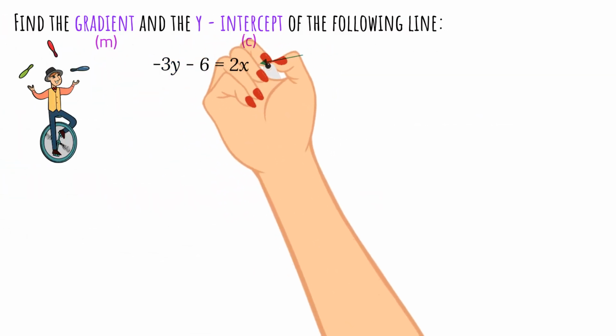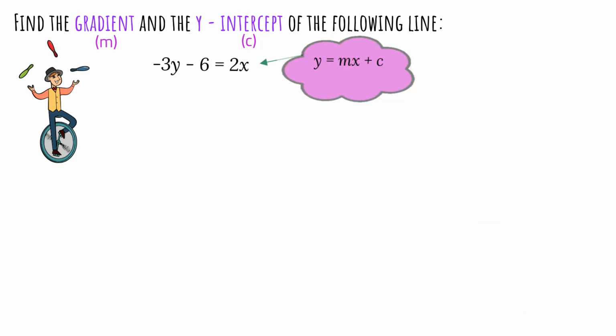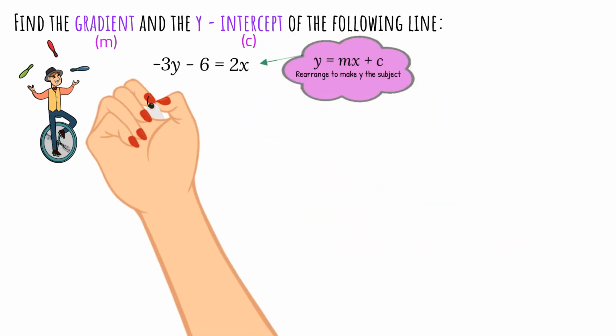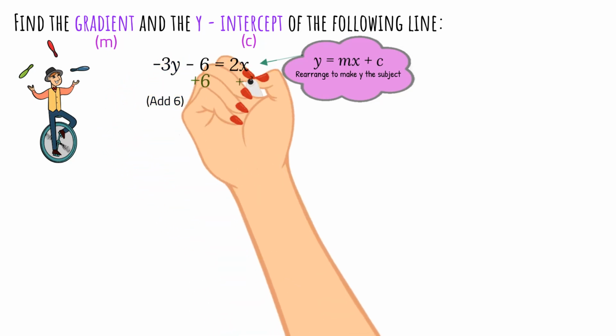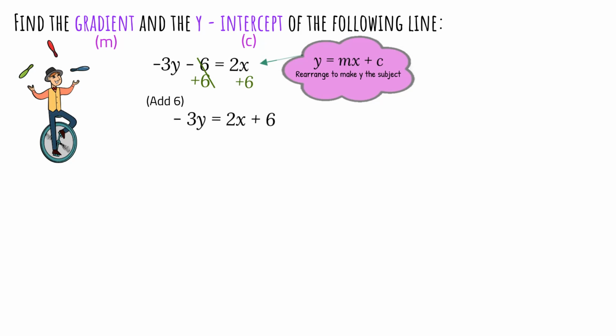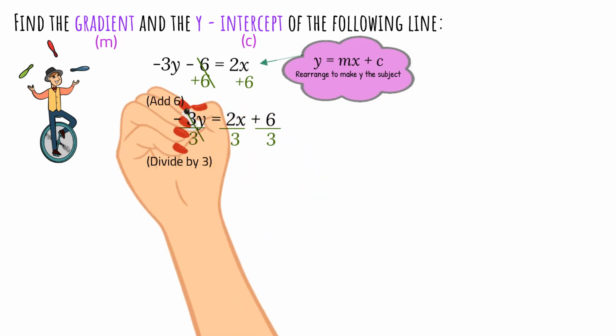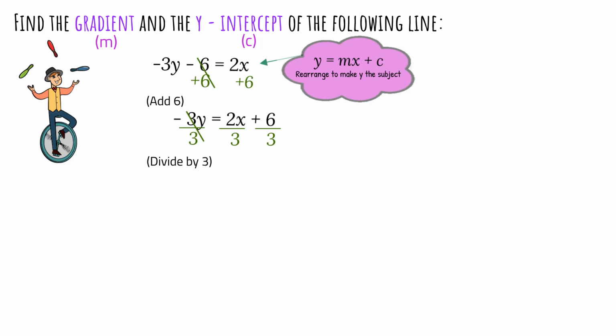One more example of this then. So I have something which is not in the form y equals mx plus c, so I'm going to rearrange to make y the subject. So I'm going to add 6 to both sides to eliminate it from the left-hand side, and I'm left with this. Now I'm going to divide everything by 3, every single term, which eliminates the 3 in front of the minus y.